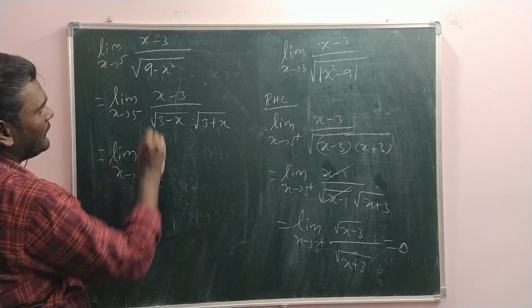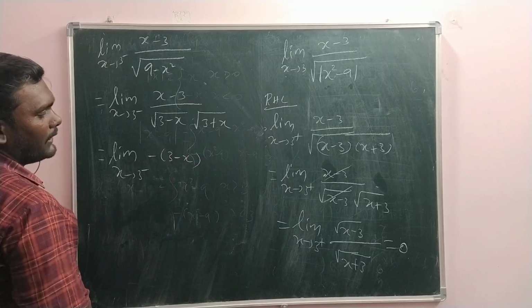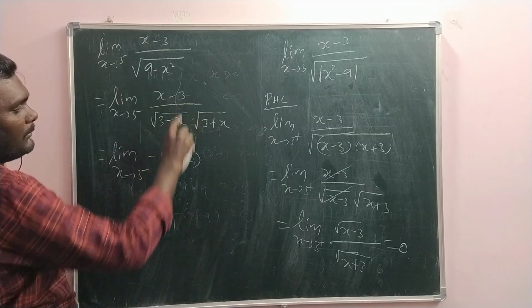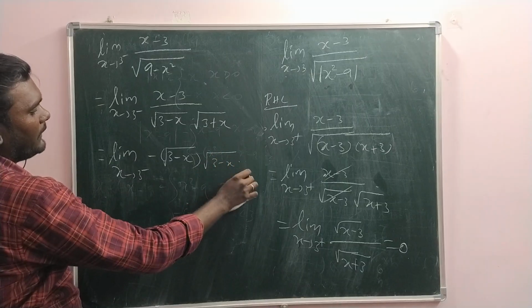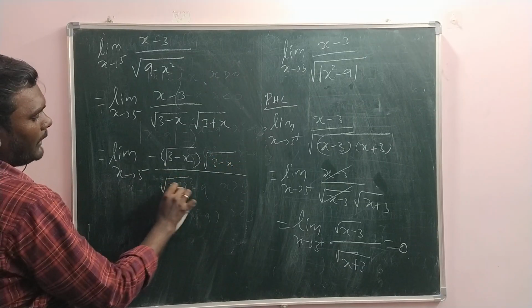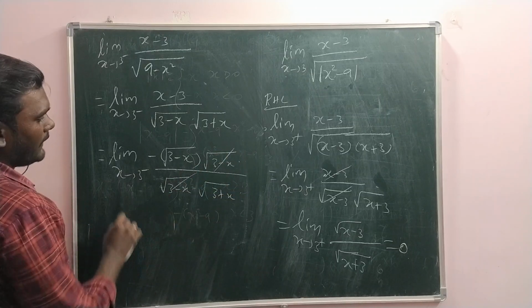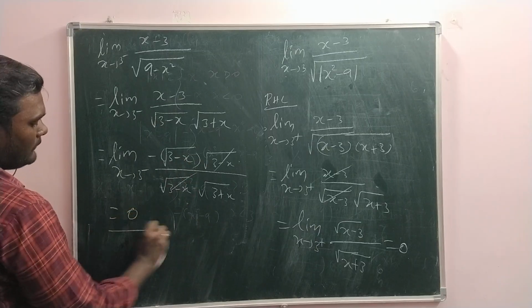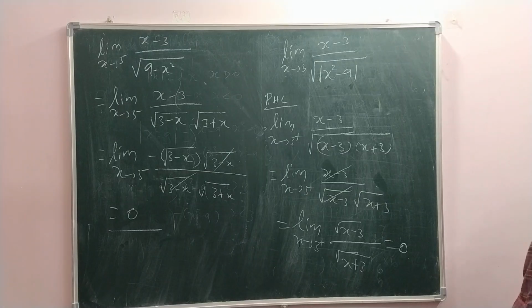Here we can write minus of 3 minus x, taking minus as common. Then square root of 3 minus x divided by square root of 3 minus x into square root of 3 plus x. These two things get cancelled. Again if you substitute 3 minus, we will get 0. So the answer is 0. Limit exists.